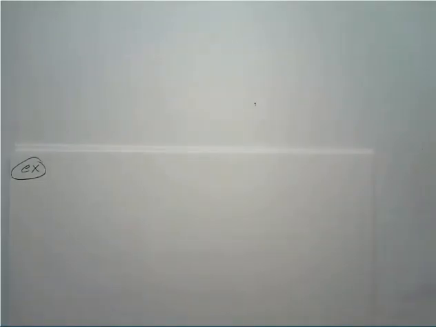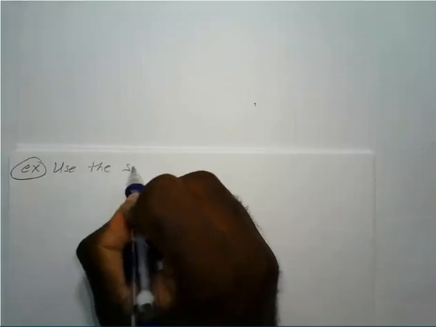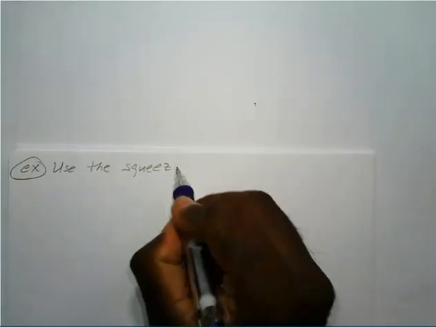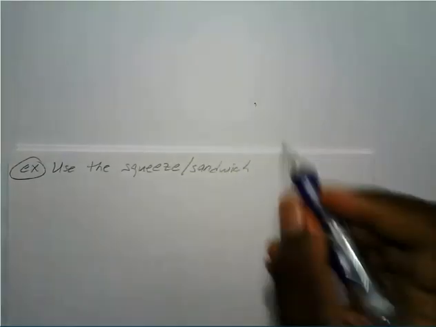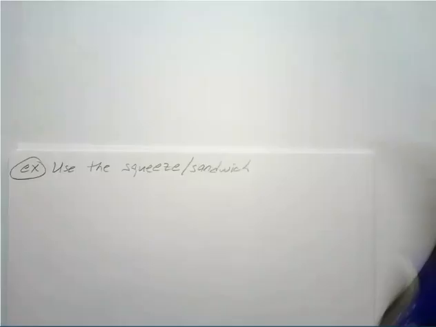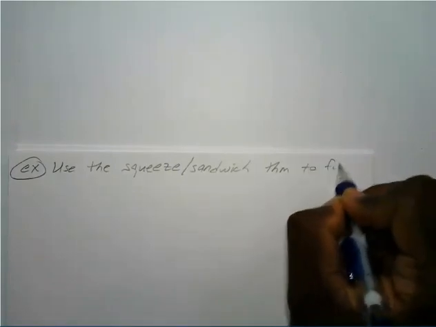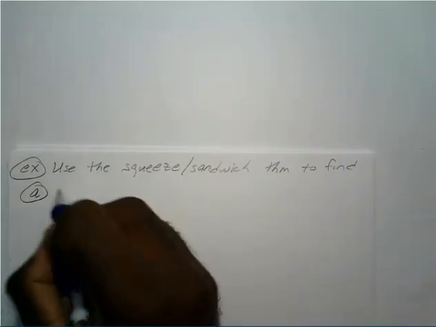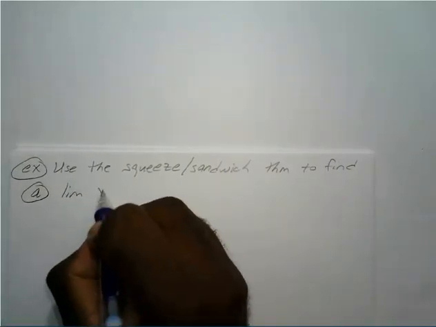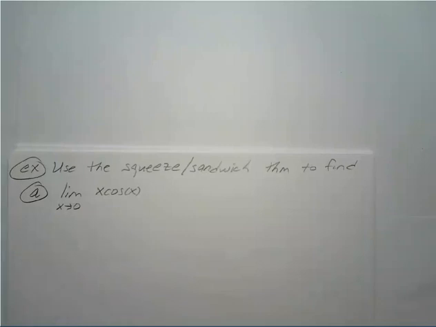Let's say for our first example, we want to use the squeeze or the sandwich theorem, both the same theorem, just different names sometimes depending on where you look, to find, for problem A, the limit of x times cosine of x as x approaches 0.